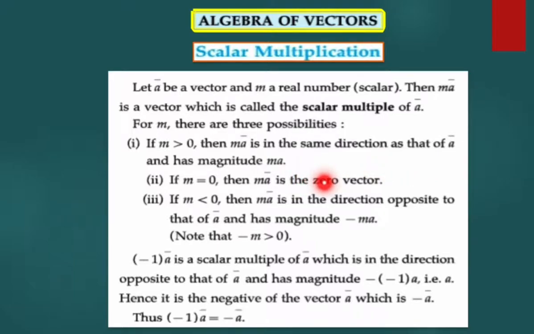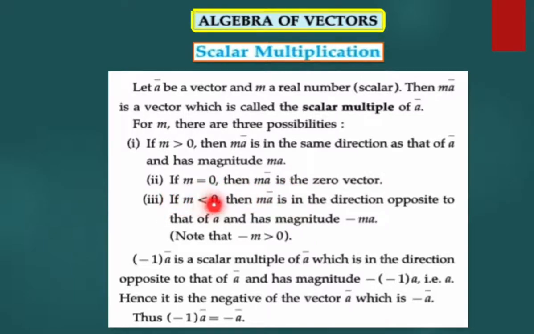That means if the scalar is positive, then after multiplying that scalar to a given vector, the new vector is in the same direction as the given vector and its magnitude is m a.